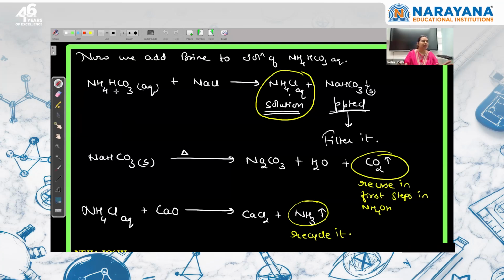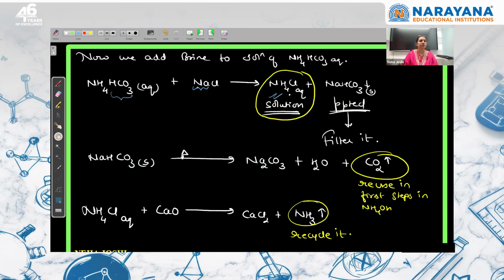Now what happens is that the solubility of NaHCO3 is low, so we add large amount of sodium. This sodium and this bicarbonate cross the solubility product of NaHCO3. Ammonium chloride being highly soluble, it will remain in the solution and sodium bicarbonate is precipitated.